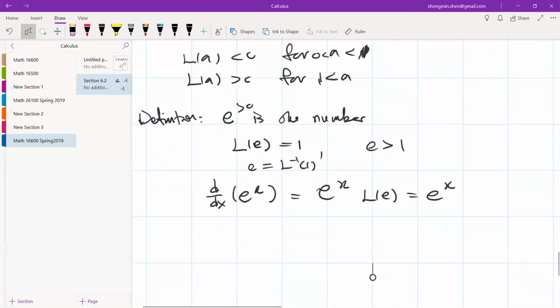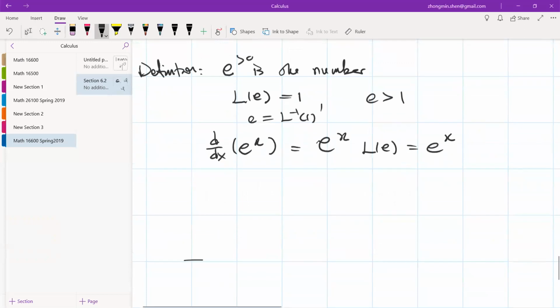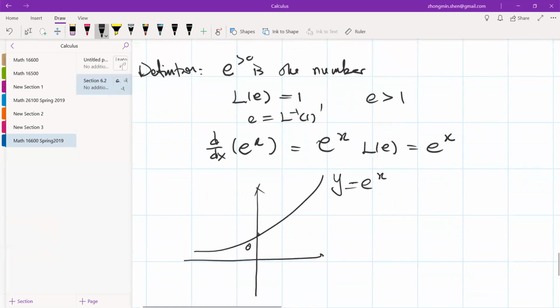Now I'm going to try to understand this graph. Because e is greater than 1, y equals e to the x is an increasing function. This is 1.